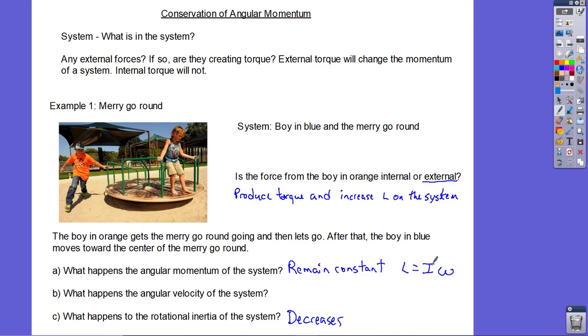And so now when you look at this, if I is decreasing but L is constant, that means omega has to be increasing. So that increases. So again, it's a question we can answer using these big ideas. They don't have to give you a lot of numbers, and we need to explain our way through these things.